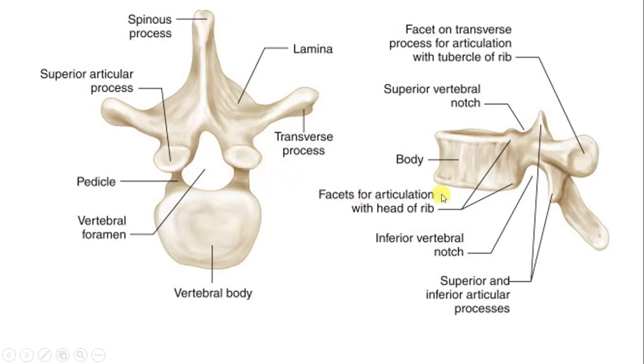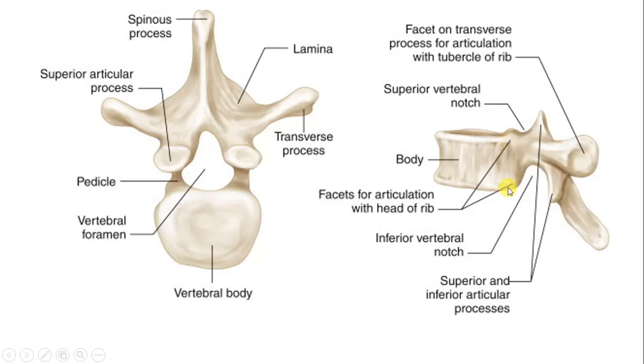A typical thoracic vertebra in this lateral view: it has been shown that here is a facet for the articulation of the head of the rib, and another facet on the lower side of the body, on the posterolateral part of the body.